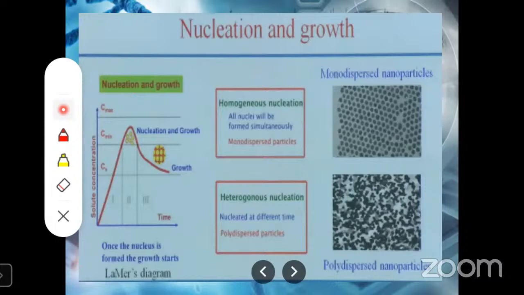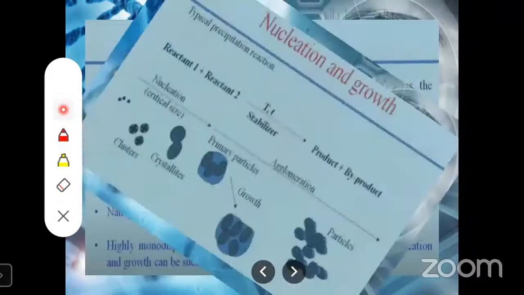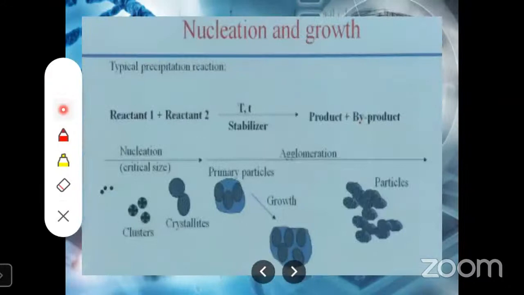For making very small nanoparticles, we need strong nucleation and slow growth. We can get highly uniform size particles if the nucleation and the growth are successfully separated.